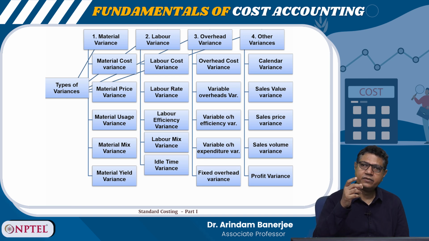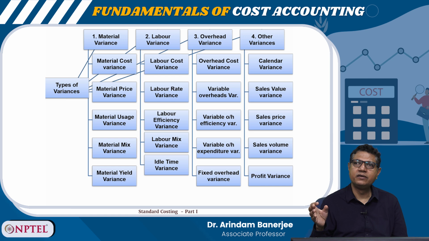Now, this overhead I can divide into 2 parts: one is the variable overhead, the other is the fixed overhead. Fixed overhead does not change over a particular time frame or production level; it remains the same. Variable overhead varies with the level of production.